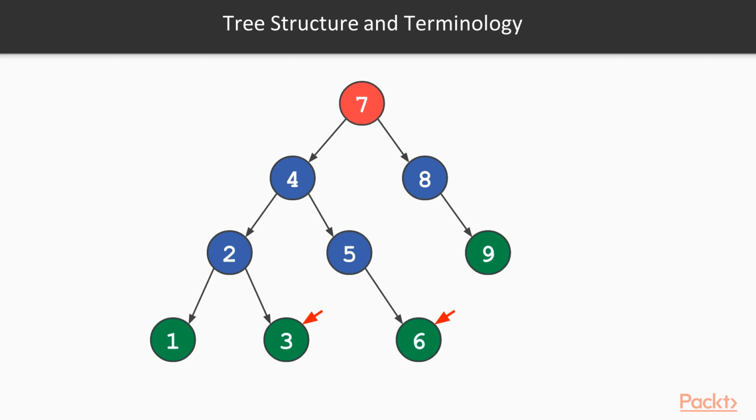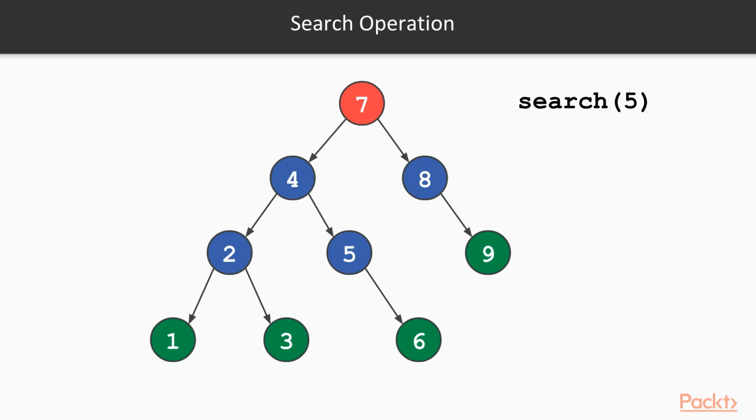Let's now have a look at how to perform a lookup in a binary search tree. Say we want to look up a key of 5. Any operation on the tree starts from the root. If the key to search is less than the current node, we move to the left child. In this case, 5 is less than 7, so we move to the left child node.